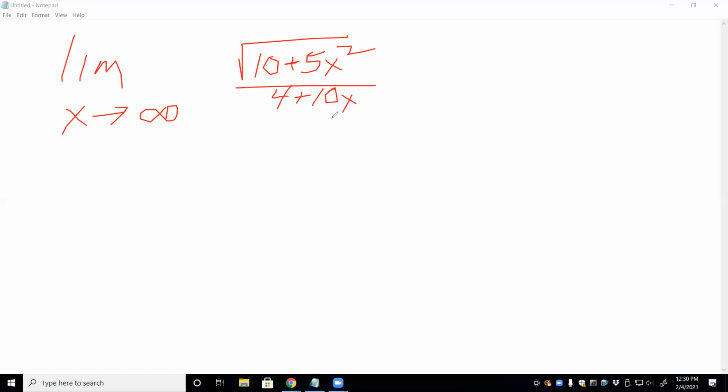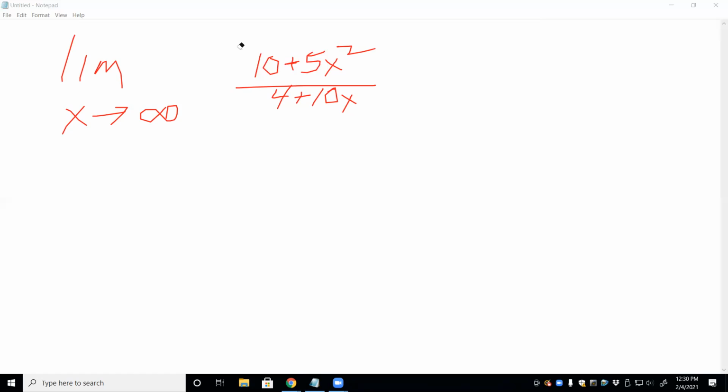If it was just 10 plus 5x squared all over 4 plus 10x. Because the exponent is higher in the numerator than in the denominator, it's a slant. It's got to be infinity. In other words, if I take away the radical sign, the numerator is always going to grow faster than the denominator.